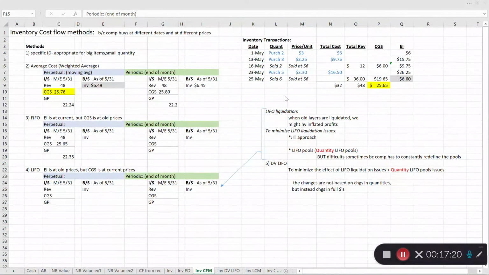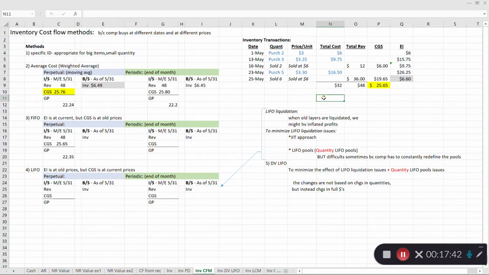So let's go ahead and do it. So, for example, the number of units that I sold during the period. Again, we have a total inventory of $32 that's available for sale, right? These are our goods available for sale. And now the question is, how do I cost these 2 and 6?